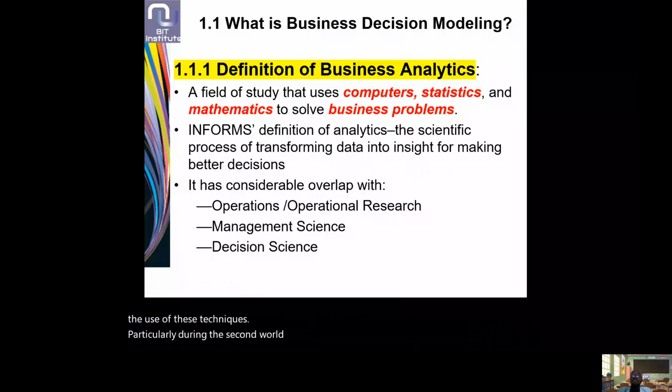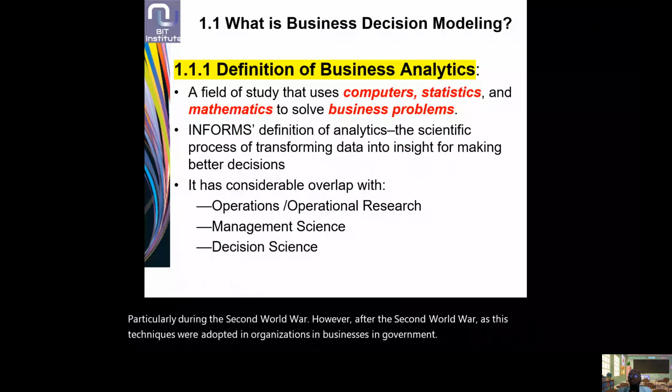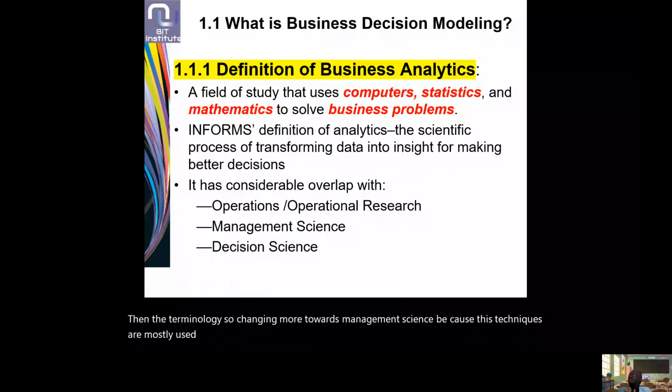However, after the Second World War, as these techniques were adopted in organizations, in businesses, in government, the terminology started changing more towards management science, because these techniques are mostly used to aid decision makers, and these decision makers are managers.